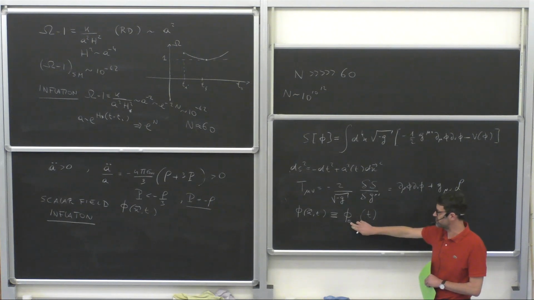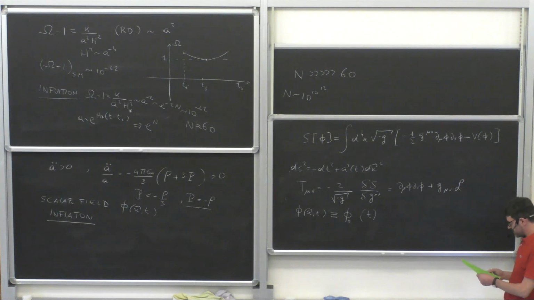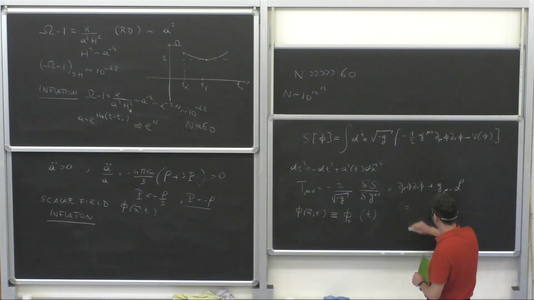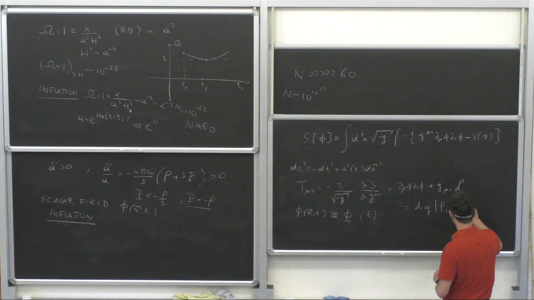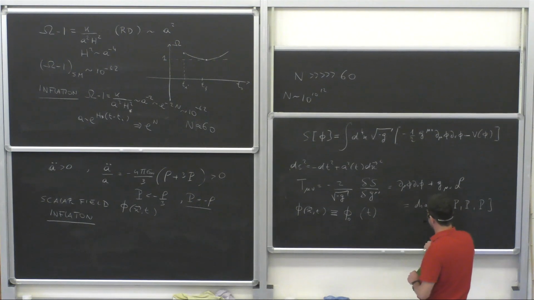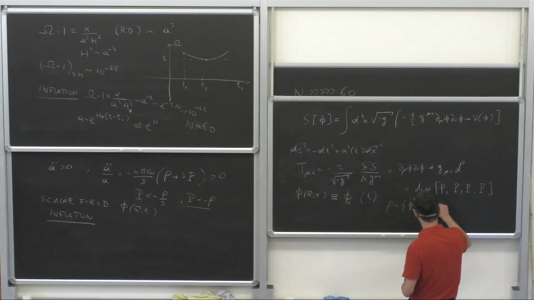Sometimes I will forget, for sure, but you will correct me, okay? So this is just the background, in such a way that this object here, if you compute, will become diagonal, and here you will have rho, p, and p. Well, rho is going to be, if you do the computation, 1/2 phi dot 0 squared plus V of phi 0.